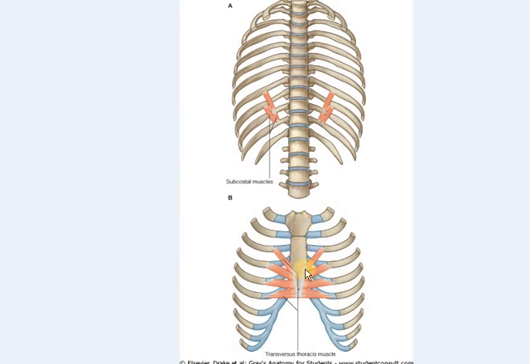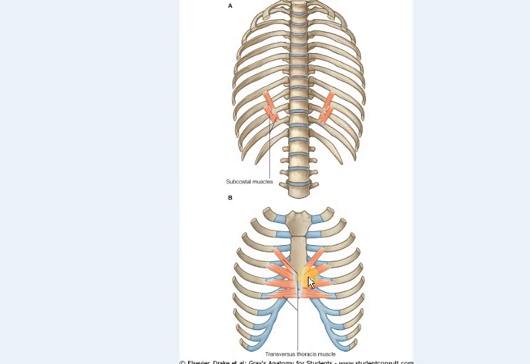This transverse thoracic muscle originates from the posterior aspect of the xiphoid process, the inferior part of the body of the sternum, and the adjacent costal cartilages of the lower ribs, up to the 7th rib.